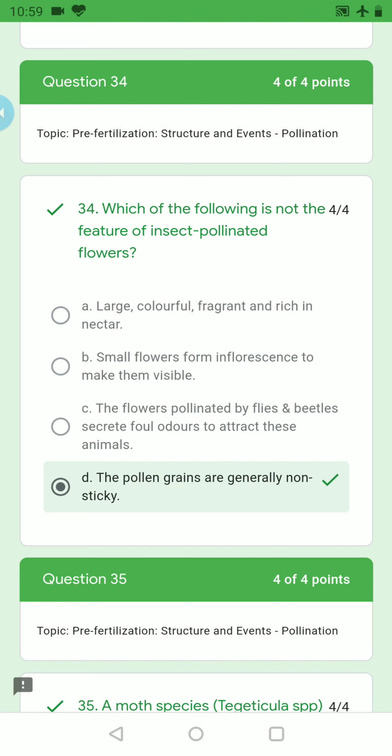The flowers pollinated by flies and beetles secrete foul odor to attract these animals. These are all features of insect-pollinated flowers. What about option D? The pollen grains are generally non-sticky. This is not a characteristic feature of insect-pollinated flowers. Instead, it is a characteristic feature of wind-pollinated flowers. I hope you remember this from when we discussed the characteristic features of anemophilous flowers.